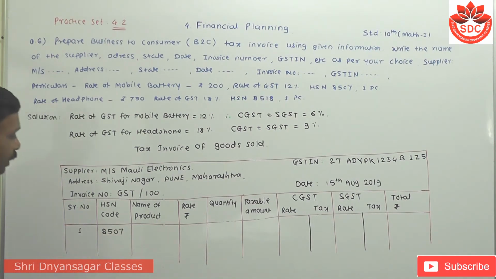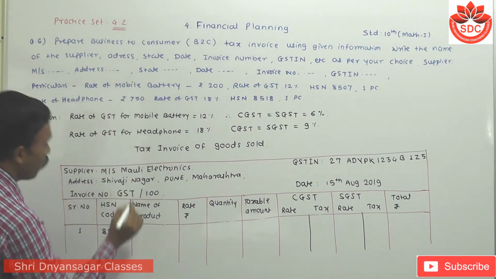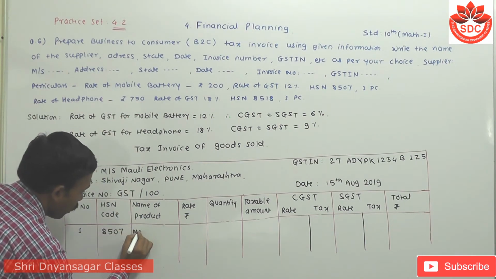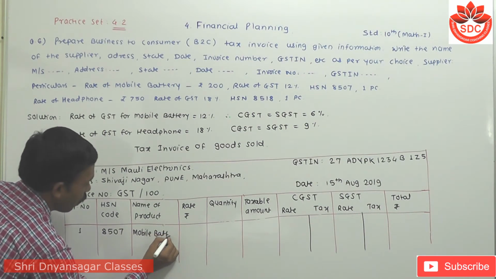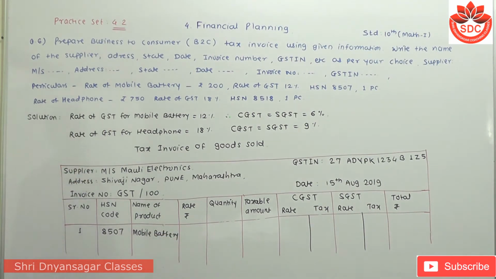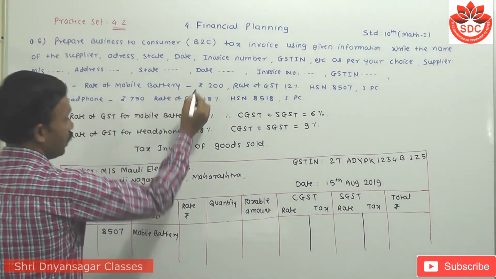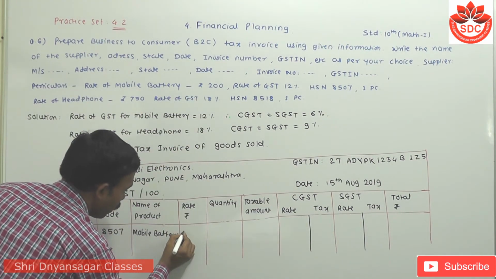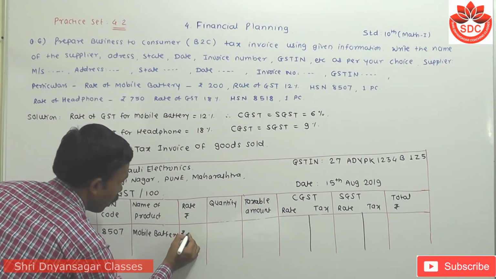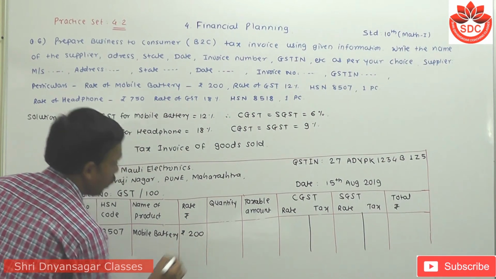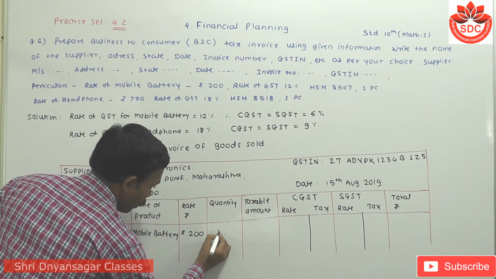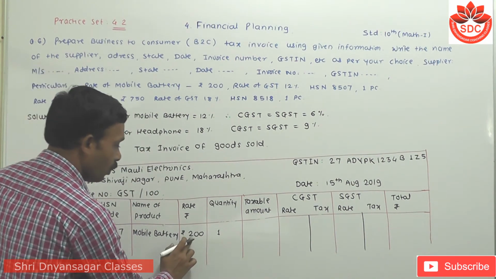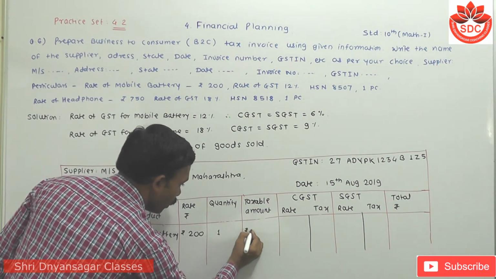Then the name of the product is mobile battery. The rate is how much? Rupees 200. How much quantity? One packet. The taxable amount, 200 into 1, is how much? 200.